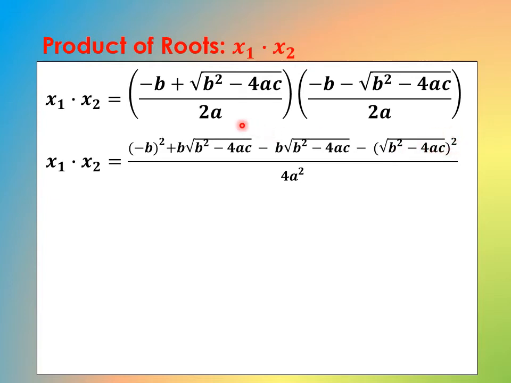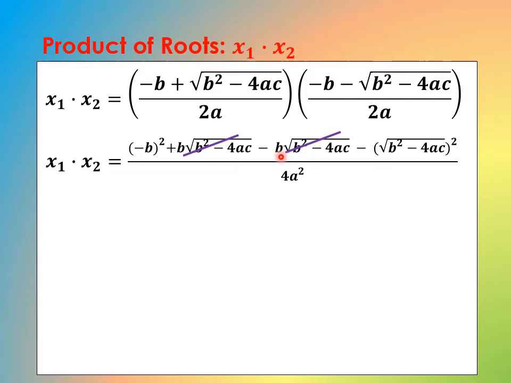And then, we can now multiply the denominators. So, 2a times 2a, that is equal to 4a squared. Okay? And then, combine like terms. So, we can combine this. Okay? So, b square root of b squared minus 4ac minus b square root of b squared minus 4ac, that is equal to 0.